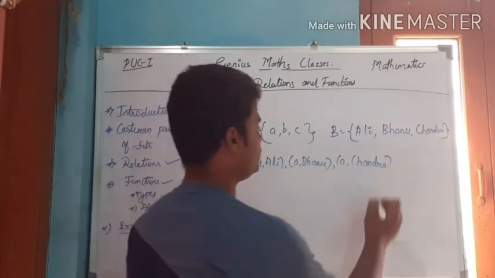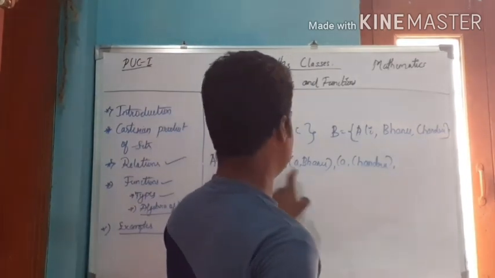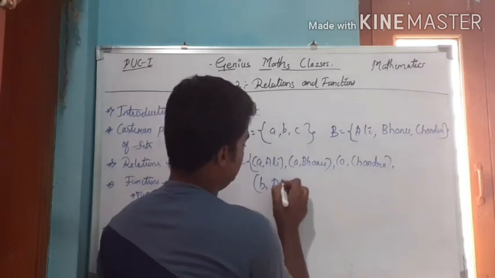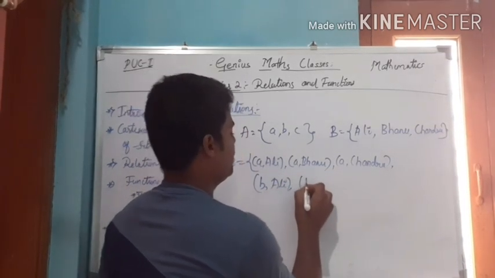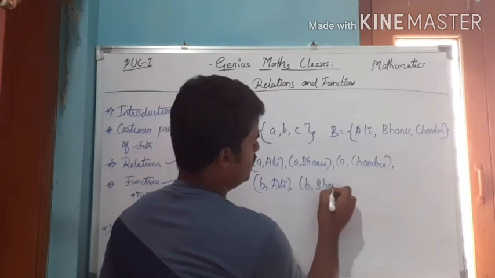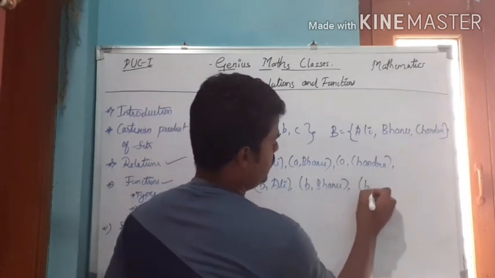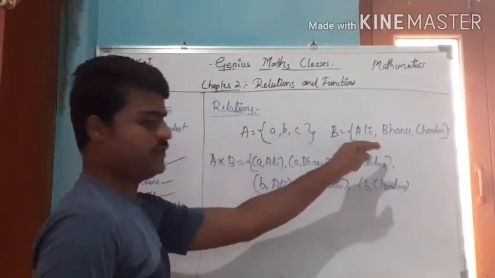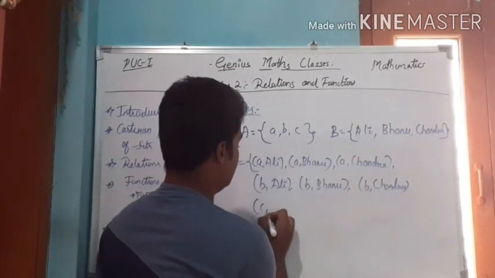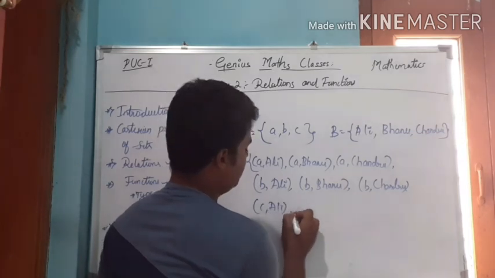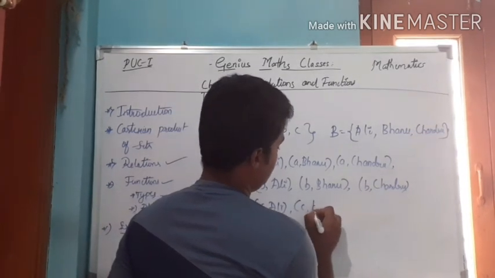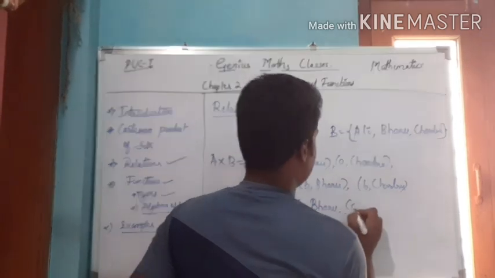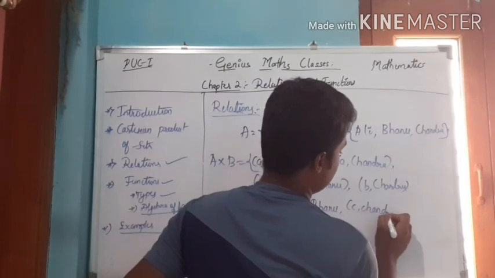So write the elements of A cross B, that is A comma Ali, A comma Banu, A comma Chandru. The A set is over, and next comes the B set: B comma Ali, B comma Banu, B comma Chandru. The B set is over. Now come to C: C comma Ali, C comma Banu, and C comma Chandru.